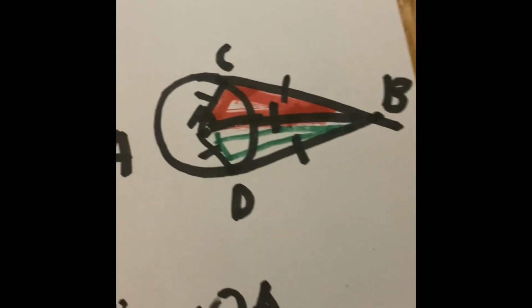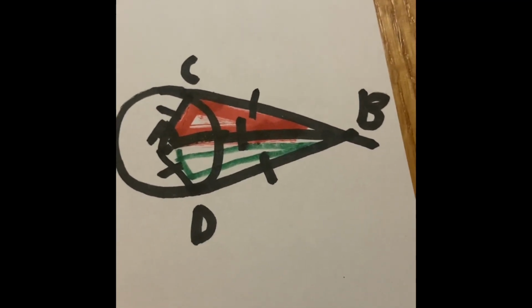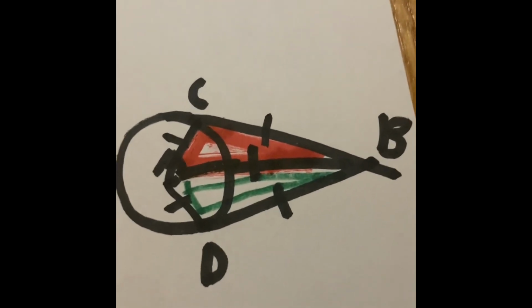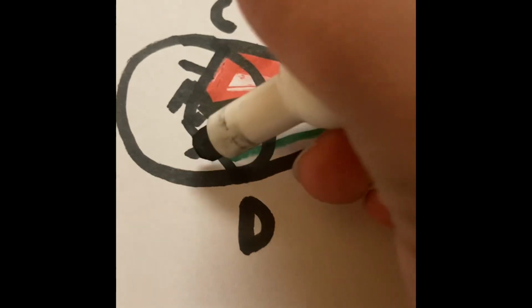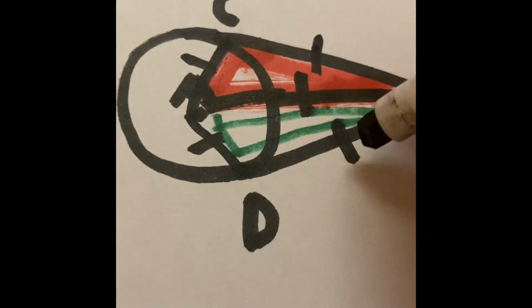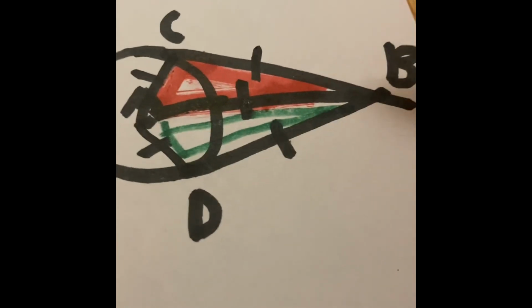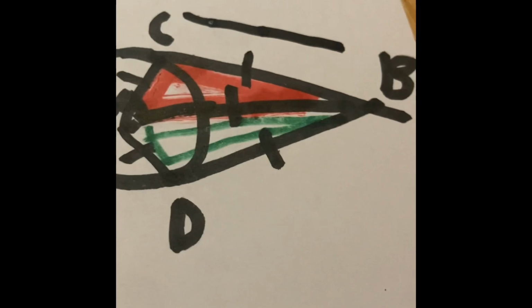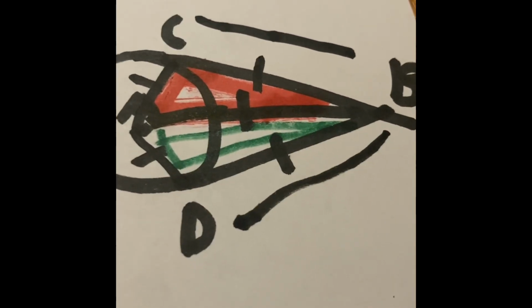If you have congruent triangles, that tells you that all the angles and all of the segments that make up the two triangles are congruent to each other. So we can say this and that are congruent, that and that are congruent. We have now proven that angle CBA and angle DBA are congruent.